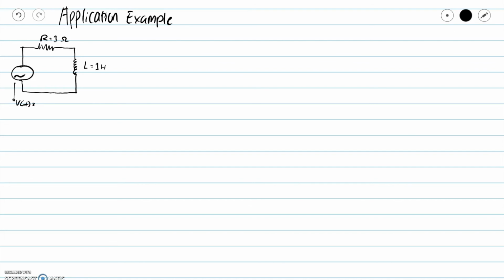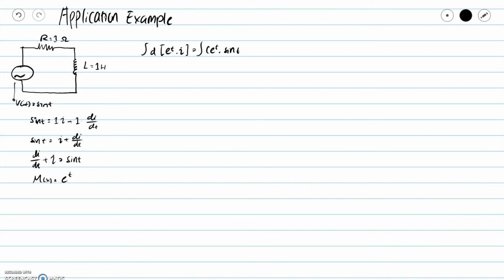The resistor has 1 ohm, V equals sine t, and L equals 1 H. So we have the general equation, sine t equals 1i plus 1 di over dt. When we simplify, we will just get a linear equation and we will just solve it as a linear equation, which is rather simple.